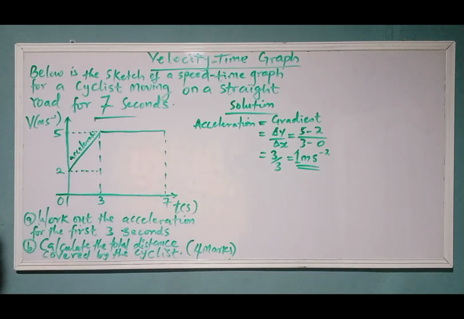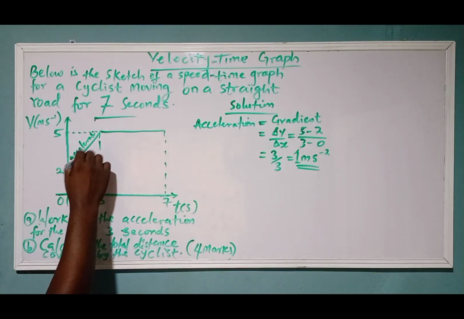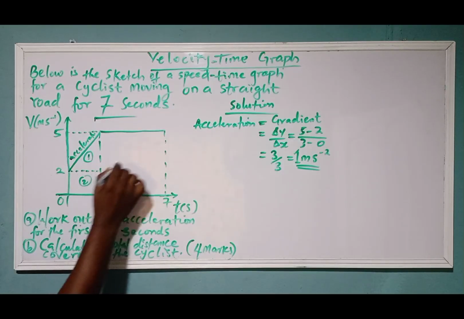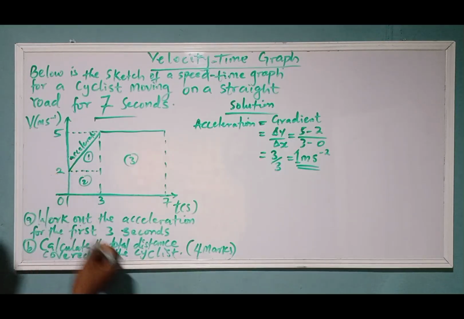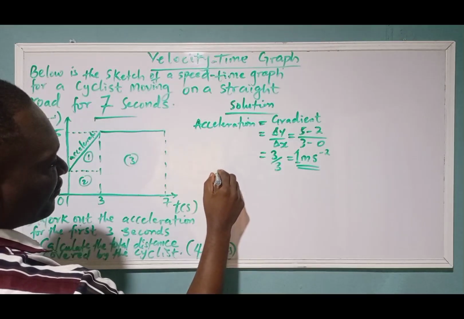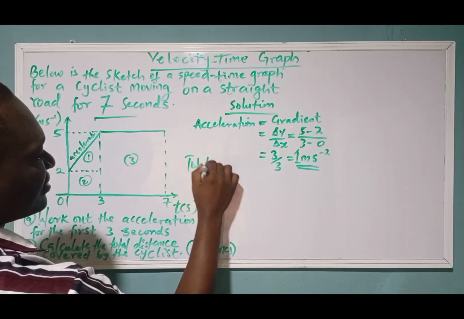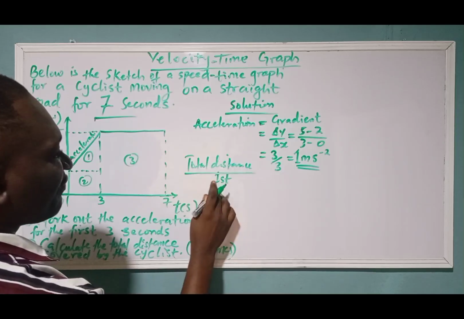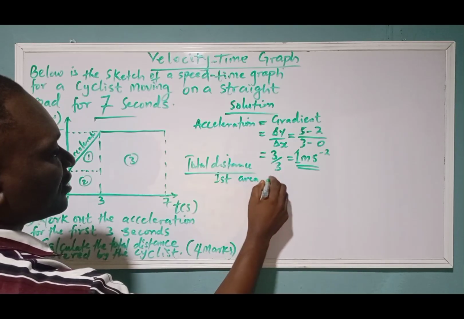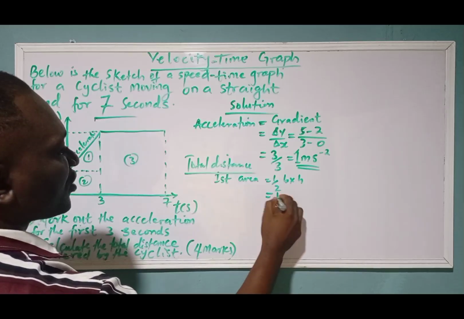If I separate these things based on the areas, the first area, second area, and third area. For the first area, we have a triangle, so it will be half base times height. We are calculating total distance.